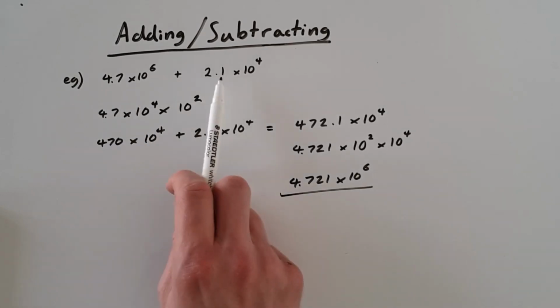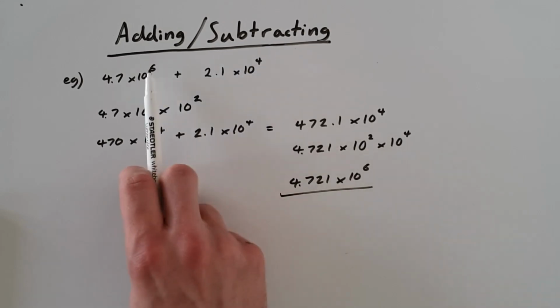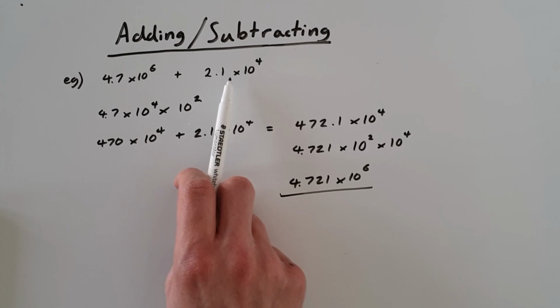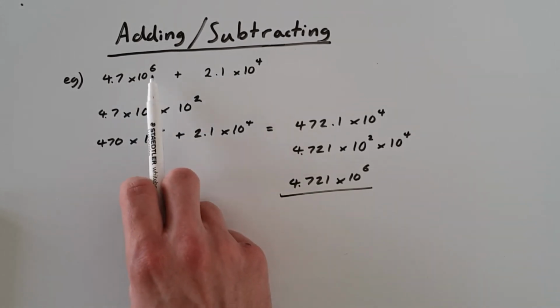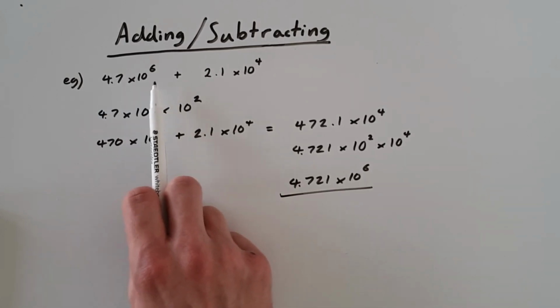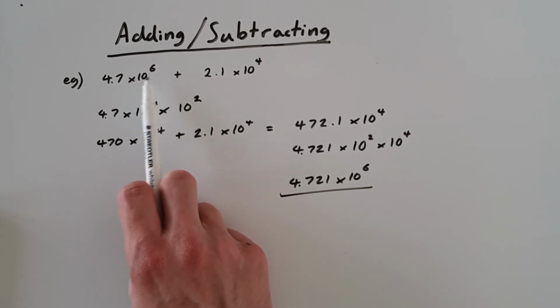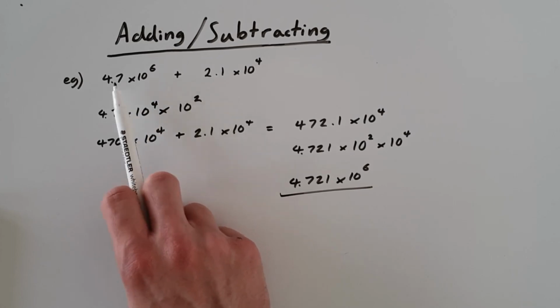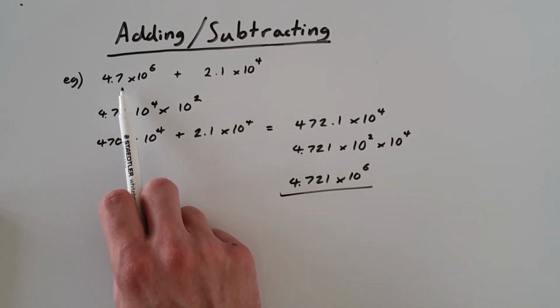This is quite deceiving, because a small change in this power actually makes quite a big difference to the value of the number, but because it's written in standard form, this might not be obvious. For every 1 you add here, you're actually timesing this number by 10. So if this increases by 2, times it by 100, by 3, by 1,000, by 4, by 10,000, by 6, by 1,000,000. So as you can see, if you increase this number here, this value increases drastically.